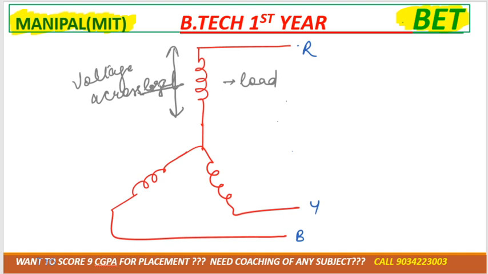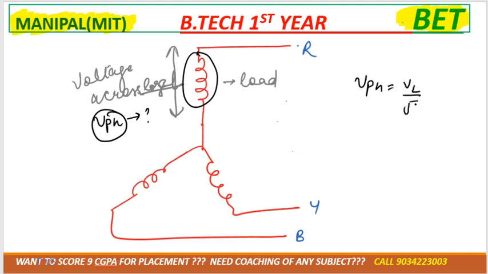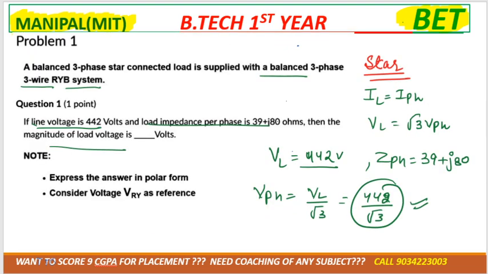So voltage across load means they are asking the VPH value, right? Because this is the phase, so VPH is how much? That would be VL by √3.